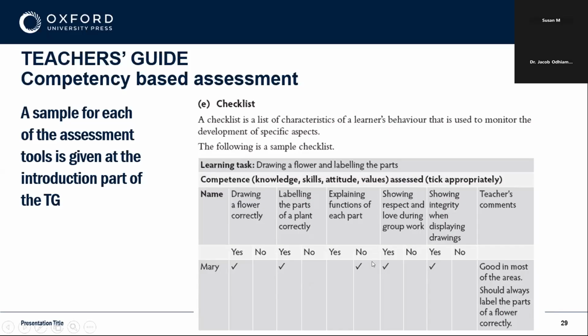If you look at that column, Mary has a no under explaining functions of each part. So Mary should label the parts of a flower correctly, because that goes with the functions of each of the parts. And that's a sample of a checklist alongside others that are provided in the teacher's guide.